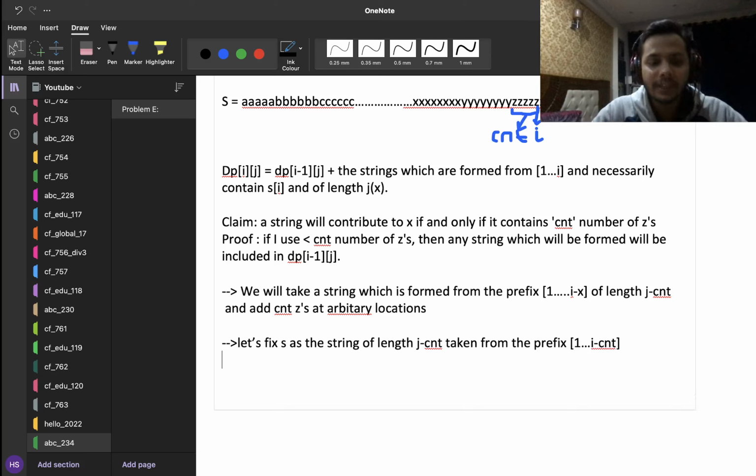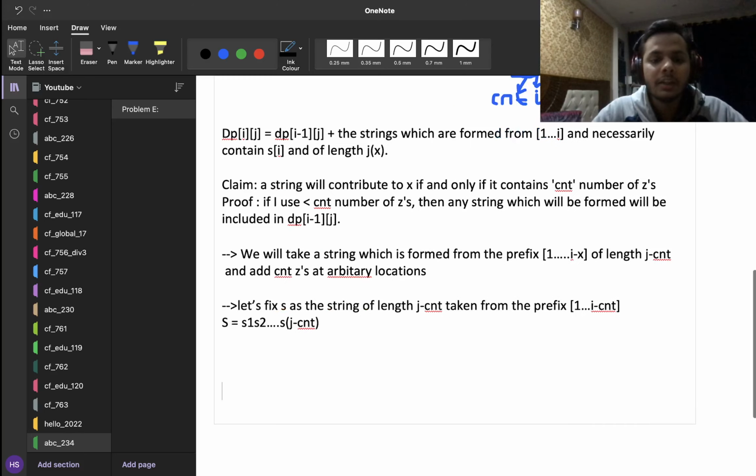So I am fixing the string s, and so let's say s is equal to something like this: s1, s2 up till s of j minus count. So this is s and it has already been fixed. So if I'm fixing the string, that just means that I can fix s and I can figure out the total number of strings that I can generate from s, and then I can just multiply my answer by dp of I minus x, j minus count, because the number of s's that I have is dp of I minus x, j minus count.